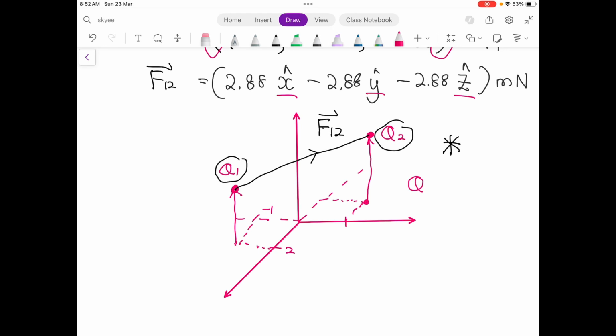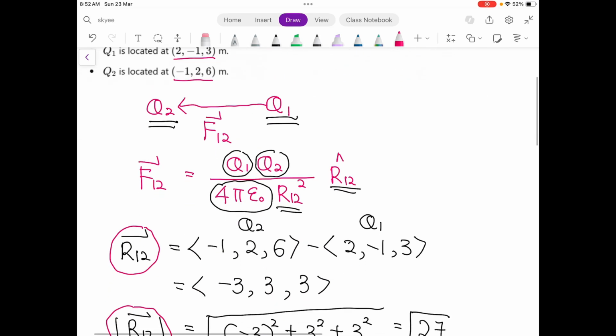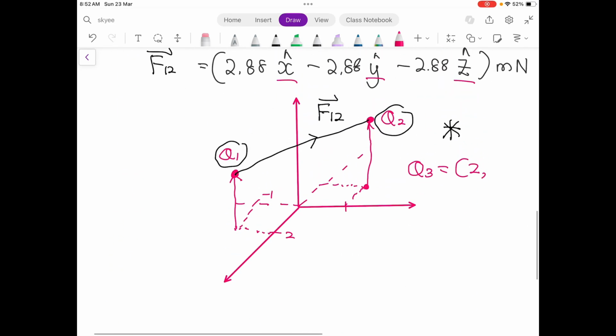Now I want to talk about one more charge, and this Q3 is located at 2, 2, 0. Okay, so this is the position of the new charge.